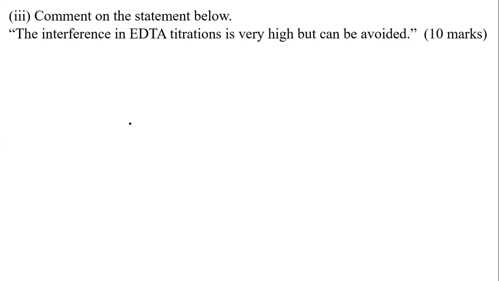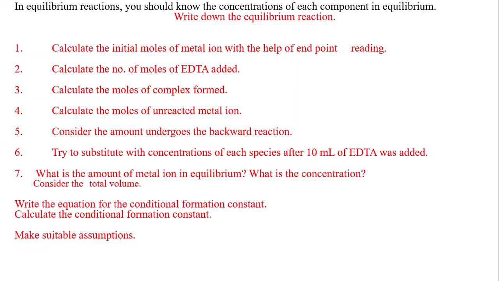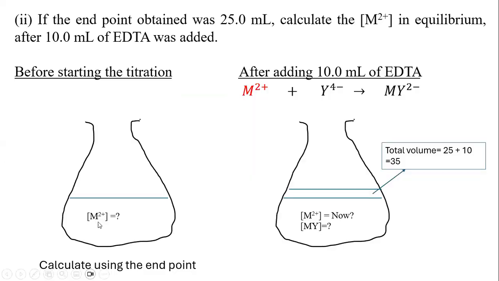One variable is, like all the other titrations, what you have in the burette. The other variable is what? The metal ion. Now in the flask, all the time the amount of metal ion is going to be changed. It's going to be lower and lower and lower. So it's very difficult to write very small amounts. Therefore, we have introduced it as P, minus log value, like pH, pM.